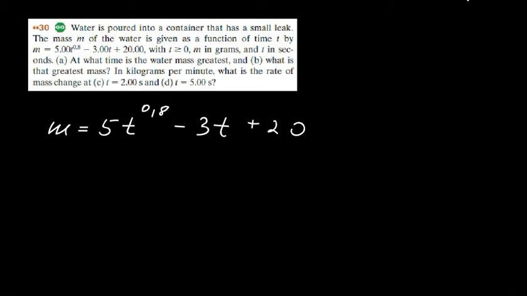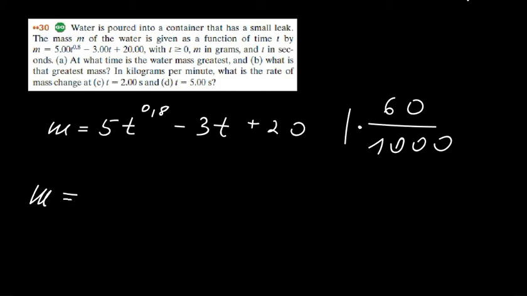Now this is grams per second, but we want kilograms per minute. So what we need to do to get kilograms per minute is to multiply this equation by 60 and divide it by 1000. Once you divide it by 1000, you'll get kilograms per second, and once you multiply it by 60, you get kilograms per minute.